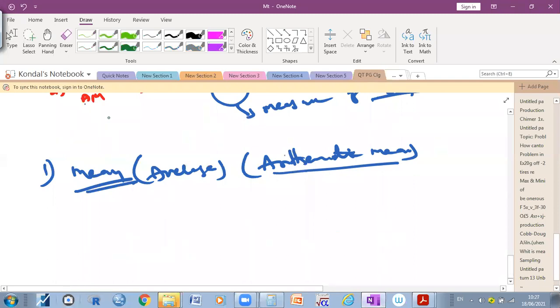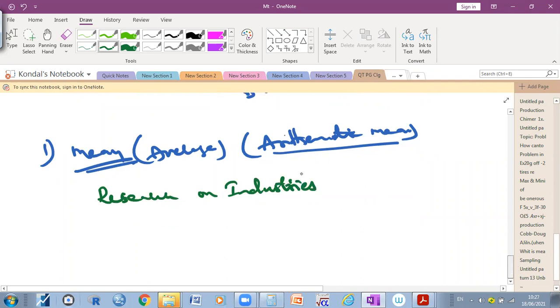For example, in which area are you interested? If you are interested in industrial economics, for example, you are going to conduct research on industries. For example, you are going to select 5 industries.